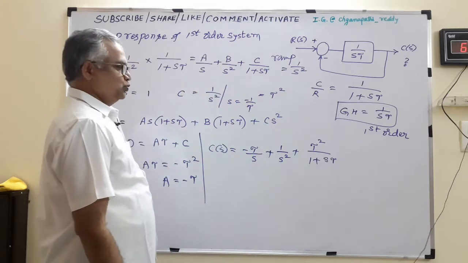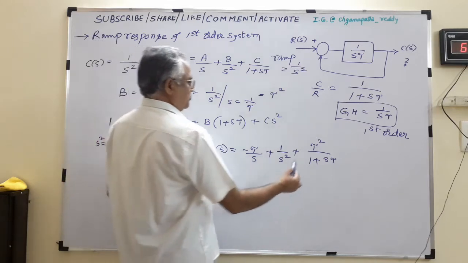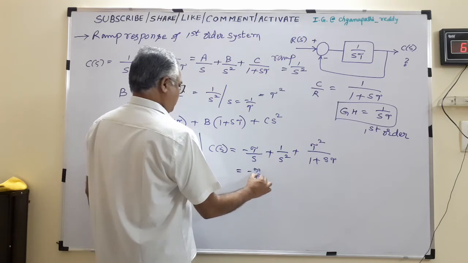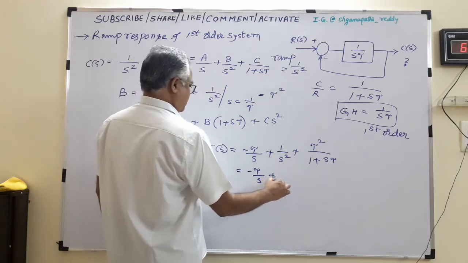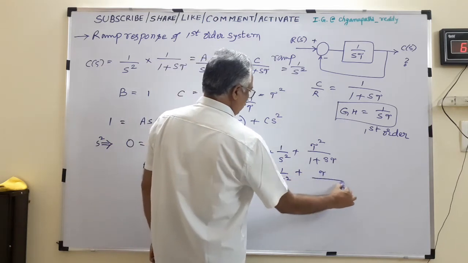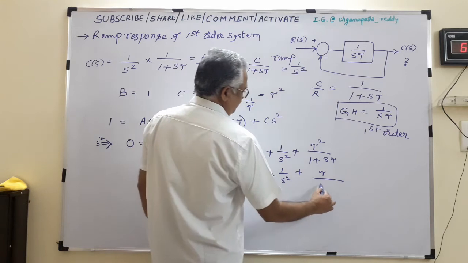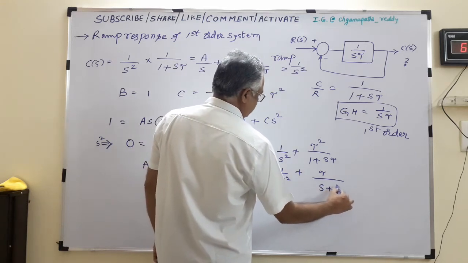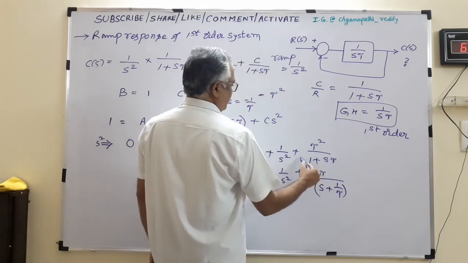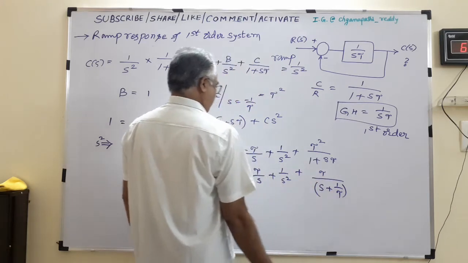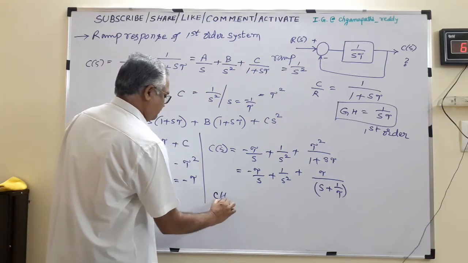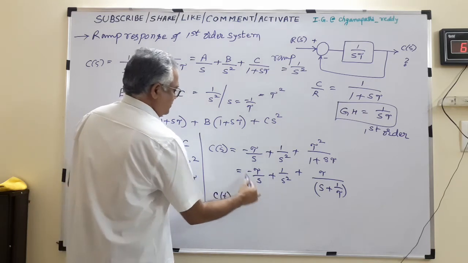So we can also write like this: minus tau by s plus 1 by s square plus tau by s plus 1 by tau. So tau I am taking common, like that it will come. So we are looking for C of t. So what is inverse of this?